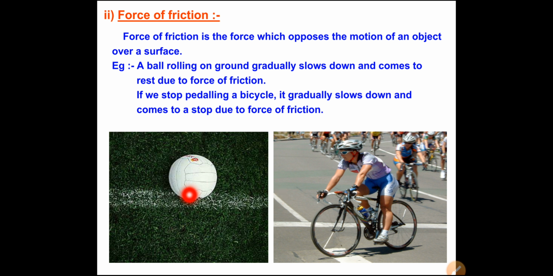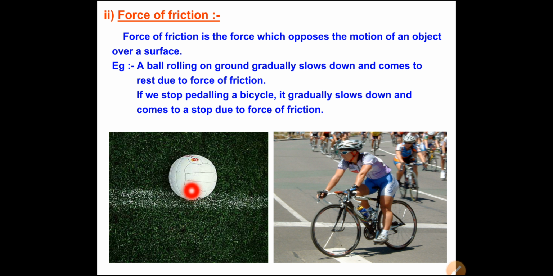If you see this, now this is also an example of a ball. When the ball starts rolling on the ground, after some time you have seen that the rolling ball gradually slows down and comes to rest. Even though we have not applied our muscular force to stop the ball, when the ball rolls over the surface of the ground, slowly the ball's speed decreases, because the ball and the ground are in contact.